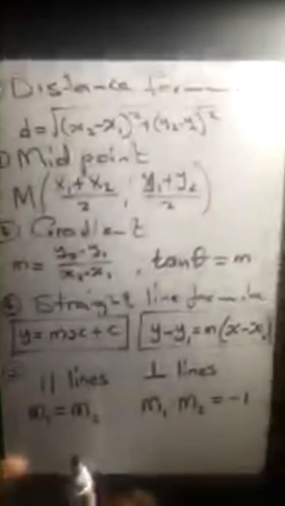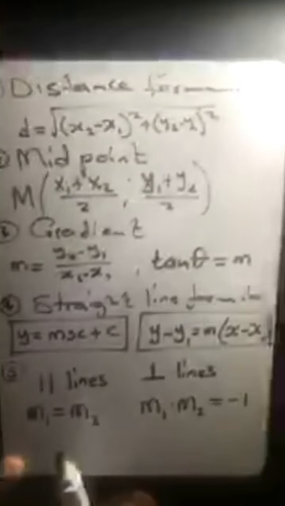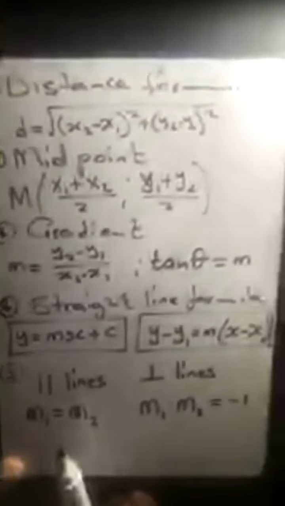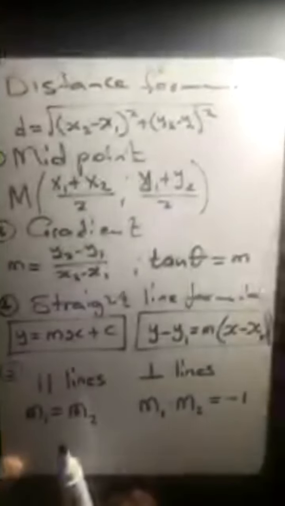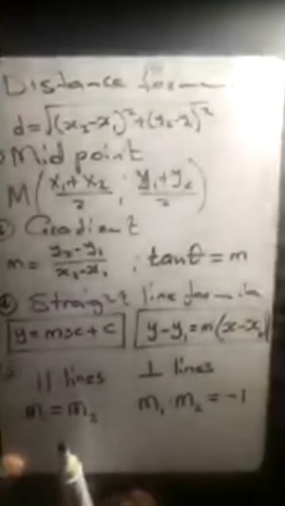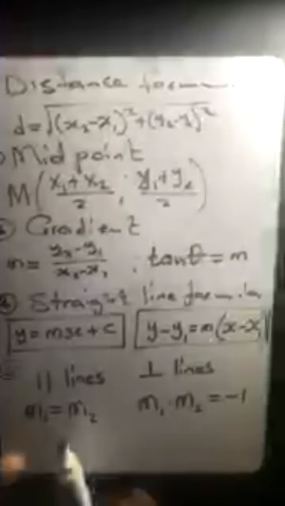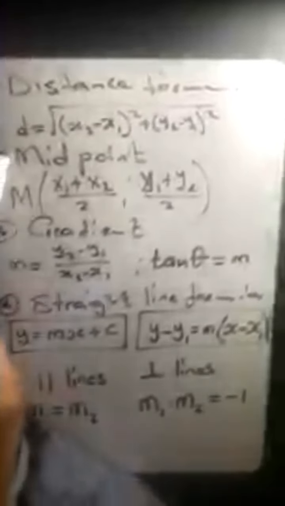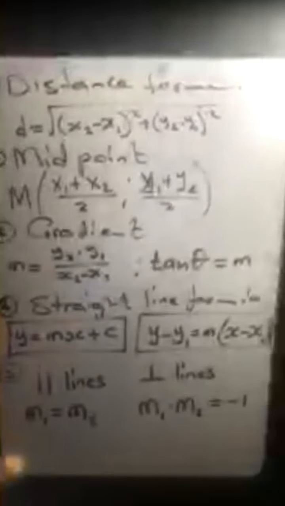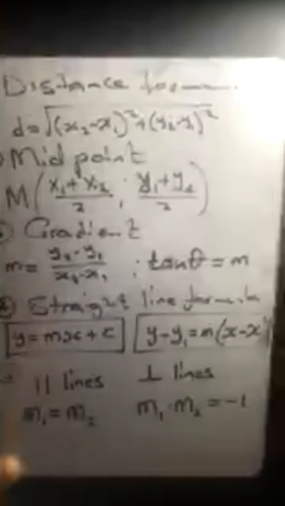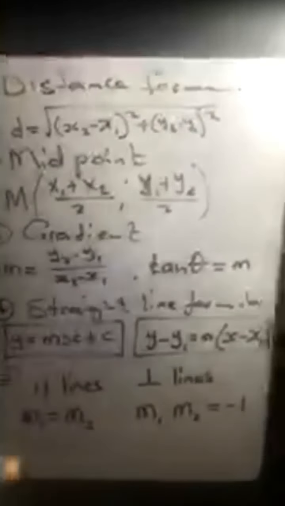So when you are given the coordinates, ladies and gentlemen, it is easy, but it only gets tricky if you do not have all the points, because in that case you might be given the distance or the value of the midpoint or the value of the gradient, and you might need to calculate that as a point. Very, very important, ladies and gentlemen.